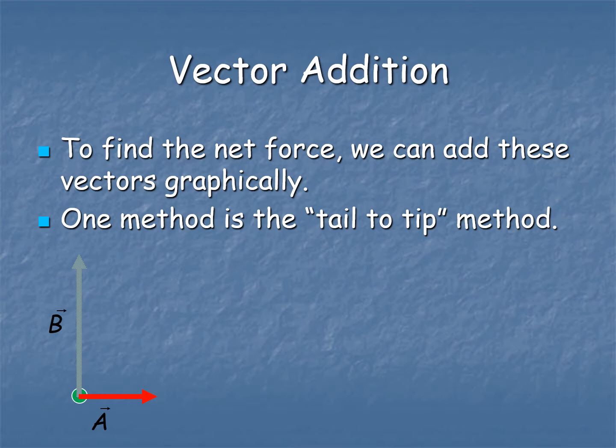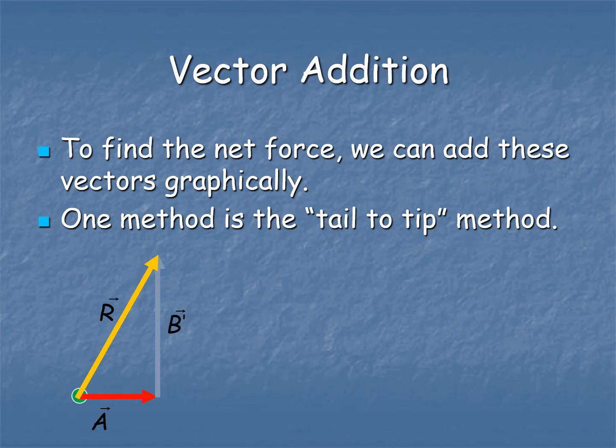So let's pick on B and move it. And now the resultant is drawn from the origin, the original tails, to the last arrowhead tip. So there is the resultant of these two vectors. That was the tail to tip method.